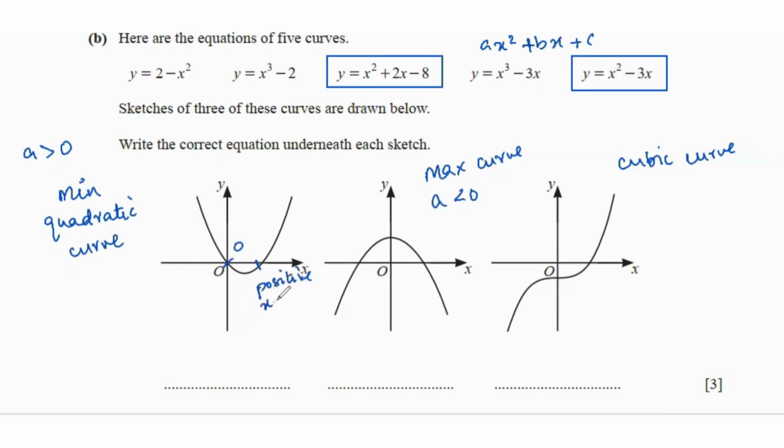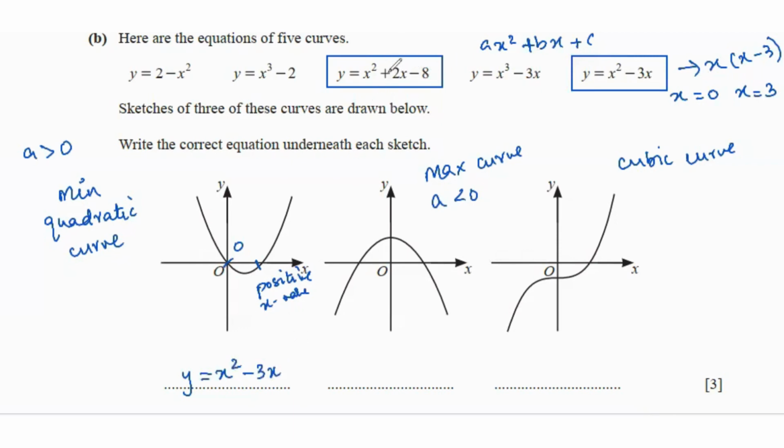If we factorize x squared minus 3x, it would be x times (x minus 3), which means one value of x would be 0 and the other would be positive 3. Hence, the first is y equals x squared minus 3x.